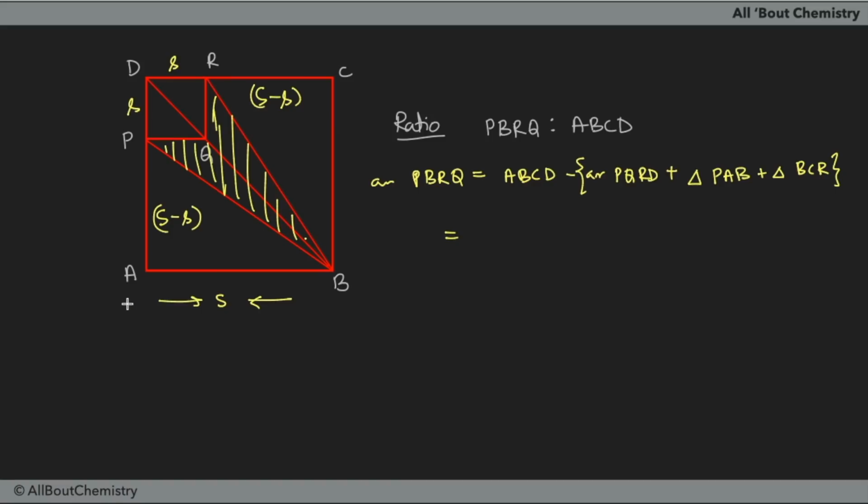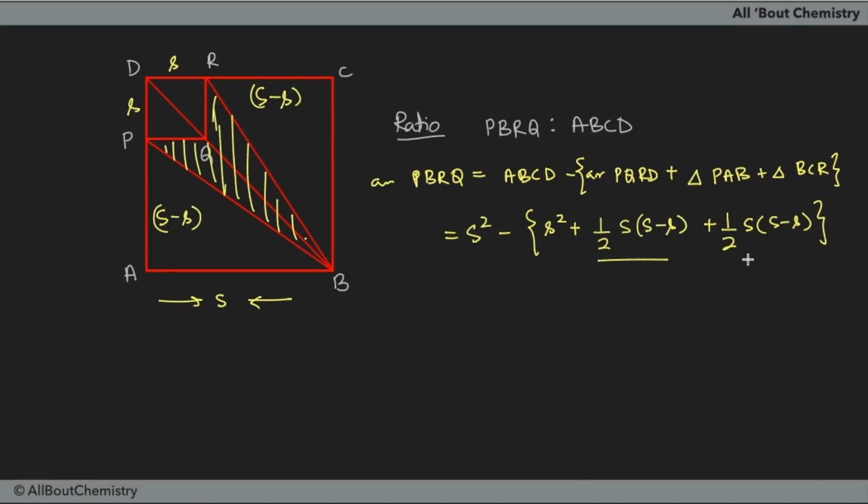So the ABCD area, side is S, so it will be capital S square, minus the area of PQRD, which is small s square, plus the area of this triangle, which is half base into height. So half base is capital S and height is capital S minus small s, plus this is also going to be the same, half base is again capital S, that is BC, so capital S into height, that is capital S minus small s, right?